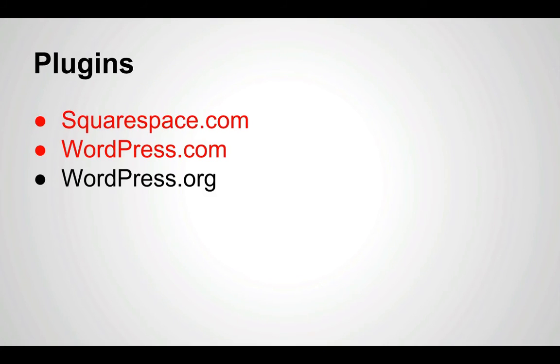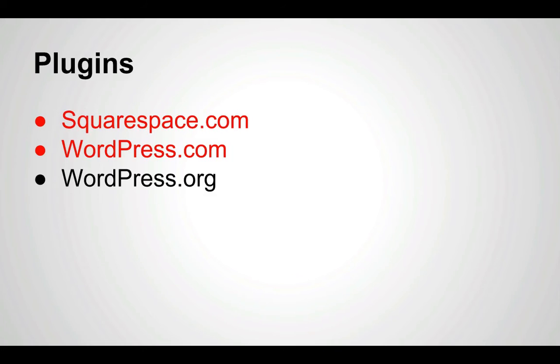Now, plugins. It's something that WordPress.org supports, and that's pretty much the reason why it's a great solution, among other reasons, in terms of search engine optimization, because you can install all sorts of plugins for all sorts of features that you may need now or down the road.